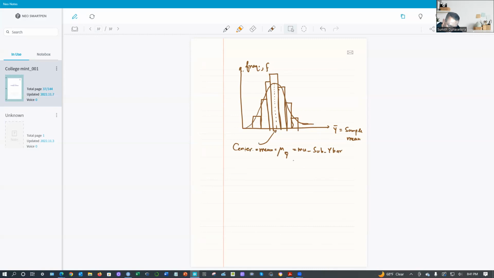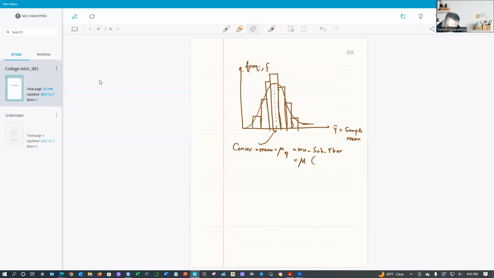Since it's not available, you can go to its observed value, sorry, its estimated value. This should be the same as the population mean.